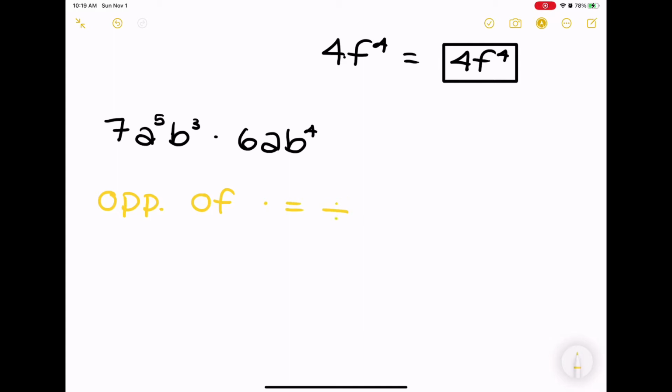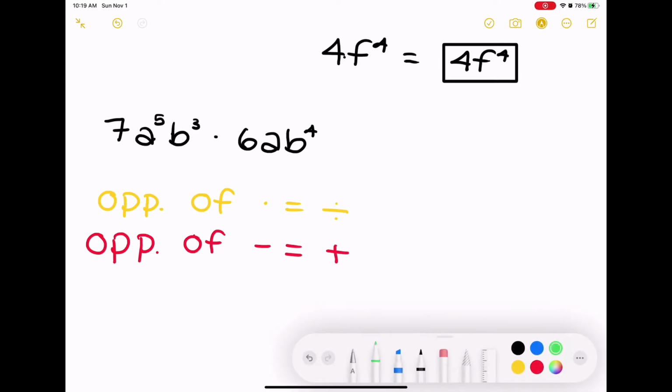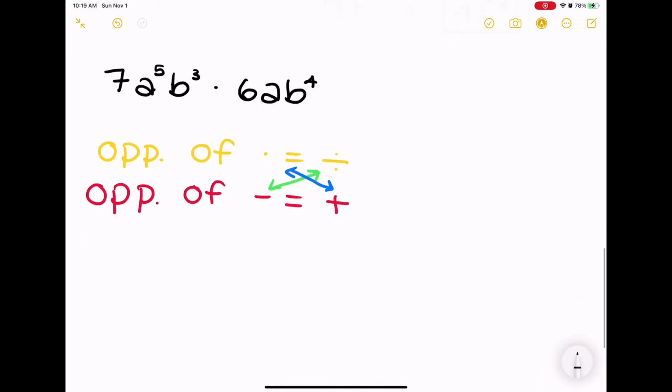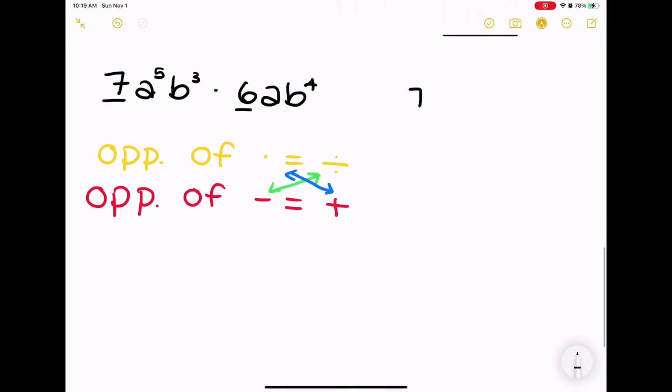It's division, correct? And the opposite of addition is subtraction. So let's think this through. If we're dividing polynomials, we subtract the exponents, then shouldn't we, when we multiply the polynomials, add the exponents? That is actually correct.